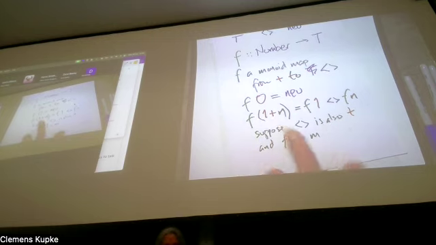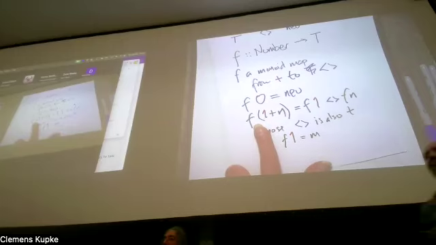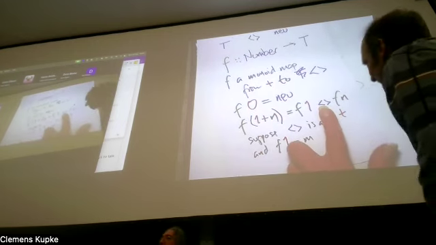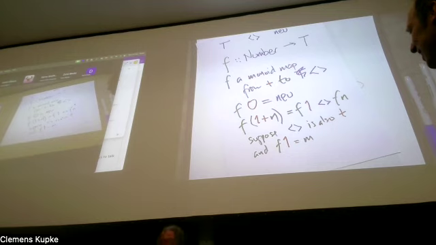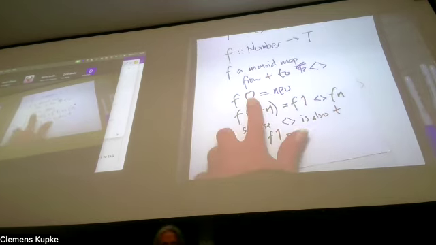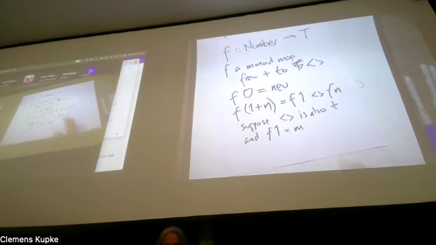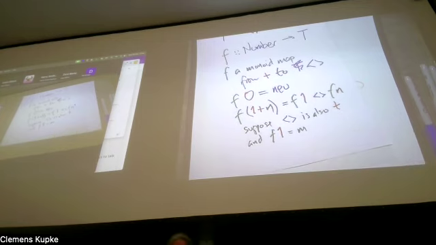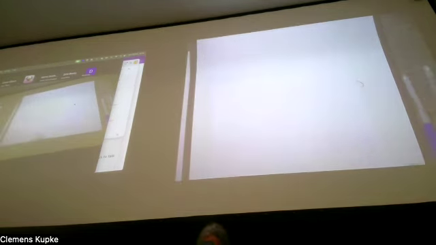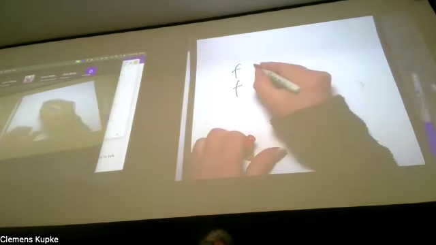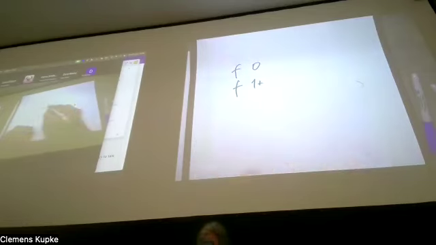So if we're taking this to be the definition, then we're counting how many addings up of m to do. So obviously we're sending 0 to 0. If our target monoid is also numbers with addition and 0, then let me make it more concrete: f of 1 plus n.